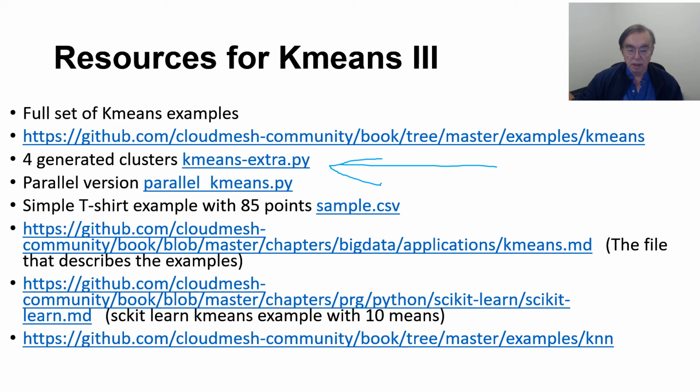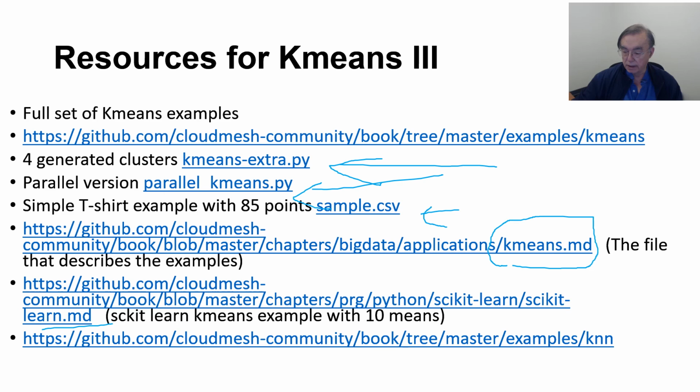There's also parallel code, which I discuss at the end of this unit. And this is the t-shirt example, 85 points. And here is the markdown, the basic GitHub documentation. And here is the scikit-learn documentation.